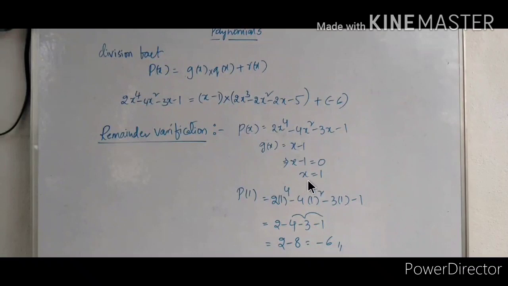So let's take 1 instead of x. p of 1 is equal to 2 into 1 power 4 minus 4 into 1 square minus 3 into 1 minus 1. So 2 minus 4 minus 3 minus 1, that is equal to 2 minus 8. So the result is minus 6, the final result. The actual division method and remainder verification method results are both the same.